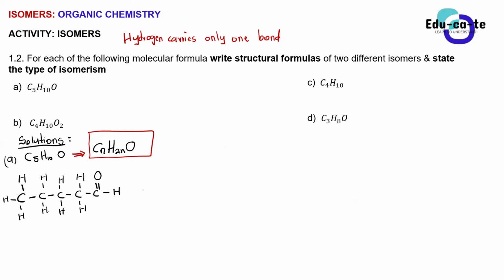What is the isomer that you were able to get from pentanal? It's a position isomer, sir. Position isomer, okay. Can an aldehyde ever have a positional isomer?